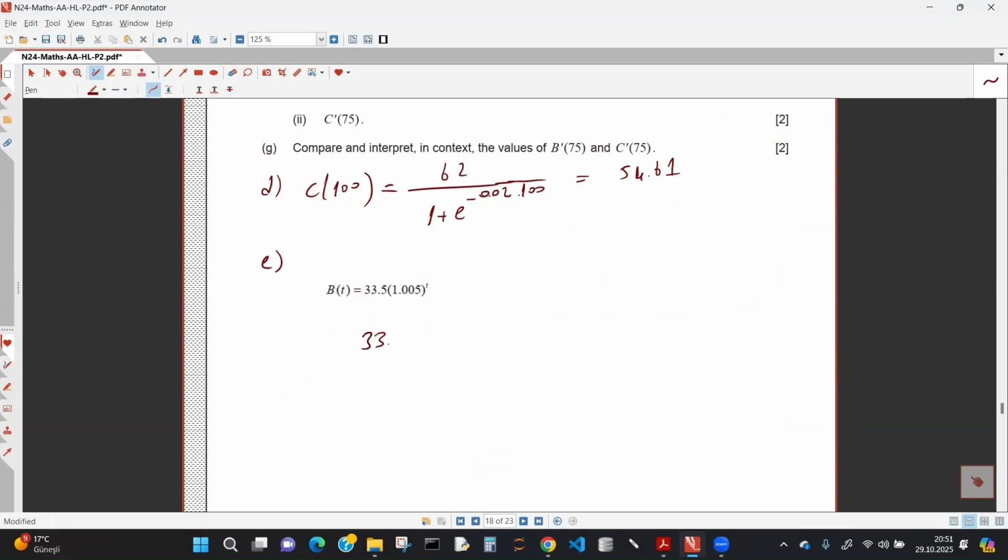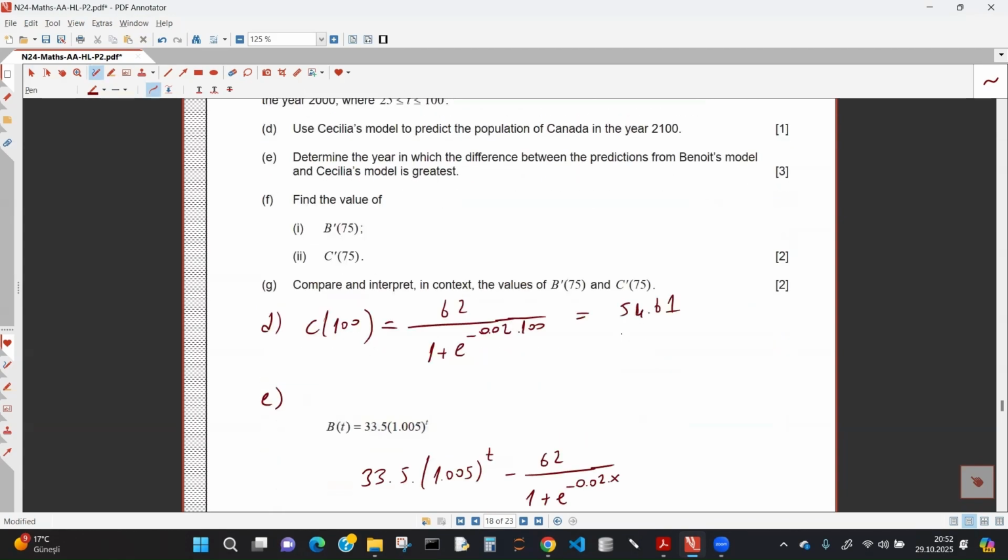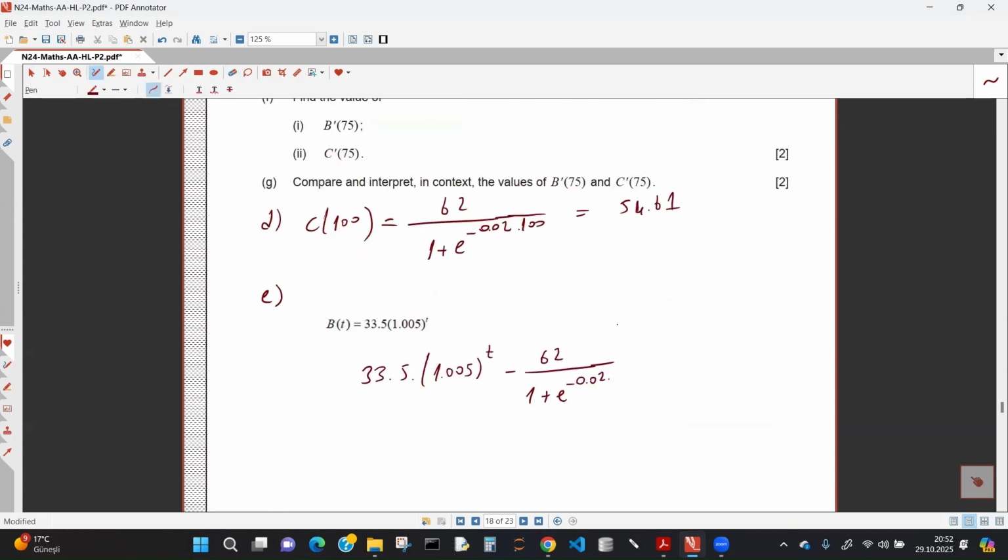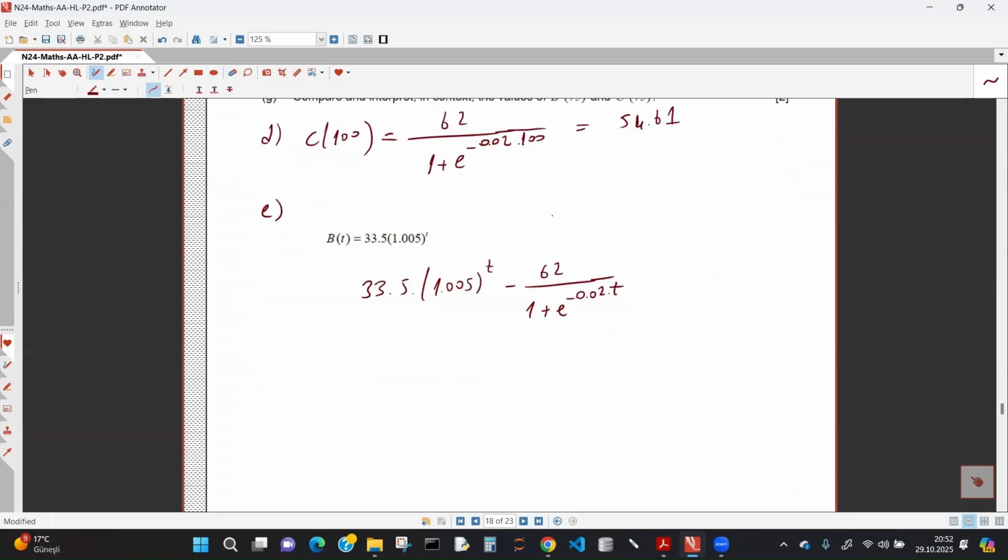You can write both of the functions in here and subtract them from each other. It was like this, or you can also write t in here. I will draw the graph of this.